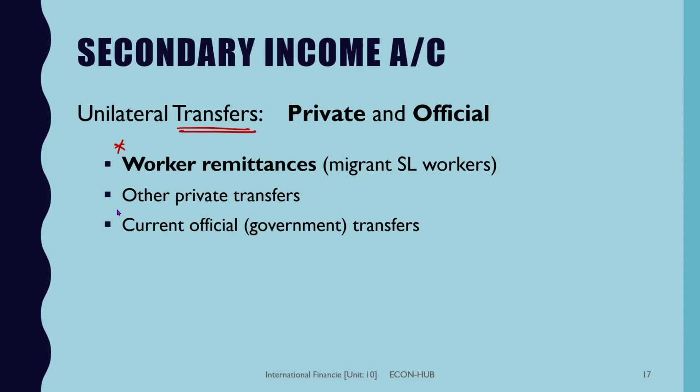Then there are other private transfers, current official transfers, government transfers, and the different donations we get on a current basis, not the long-term things. We record them here. I've given that noteworthy part again because we have completed the current account. I thought it's good to remind you of the link between net exports, NPI, NFCT, and the current account balances.